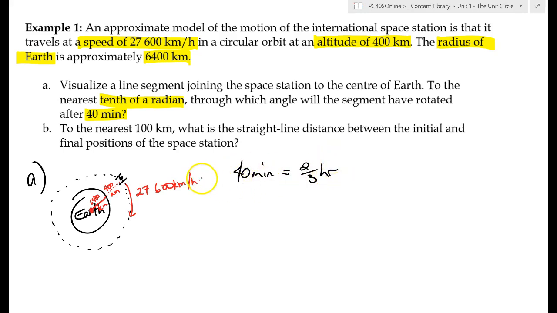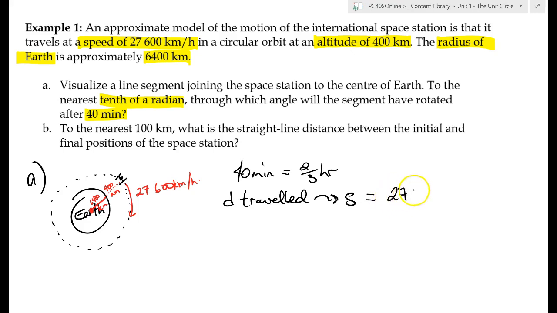Right, because we're dividing by 60. Once I know that, I can actually find the distance traveled. And that's going to be my arc length, my S value. So I can figure that out by multiplying time by my speed.